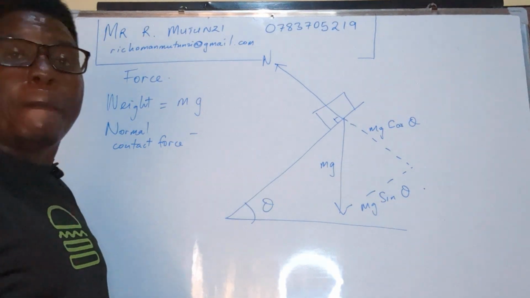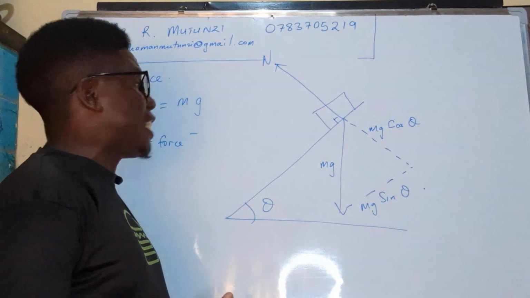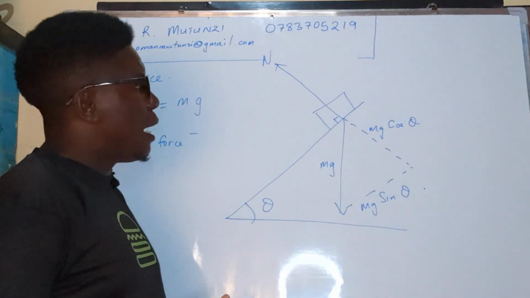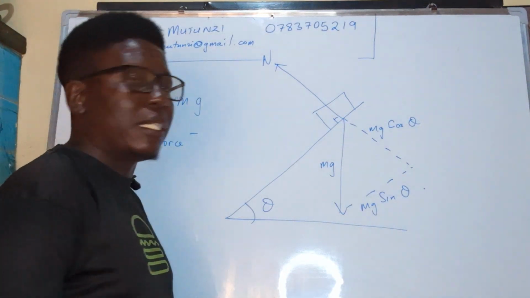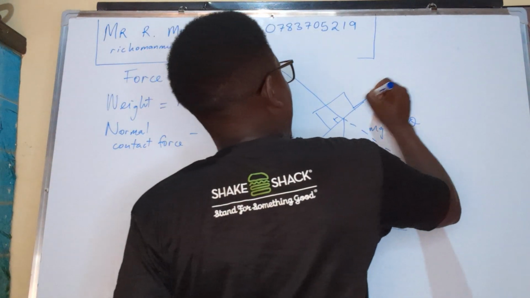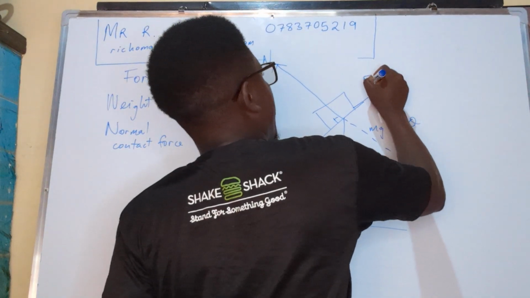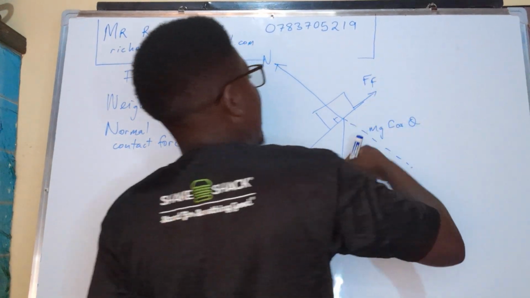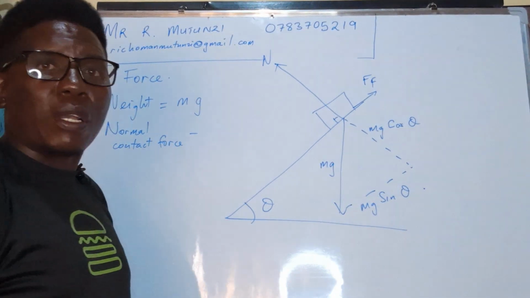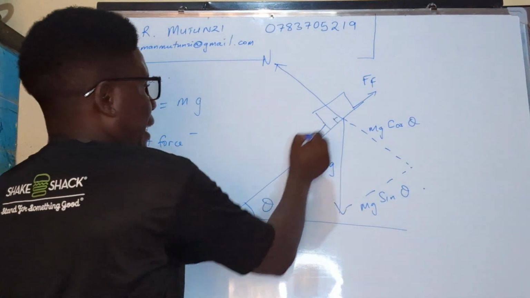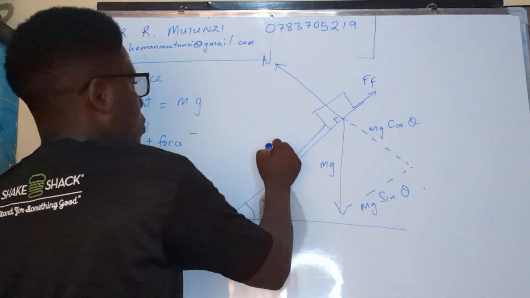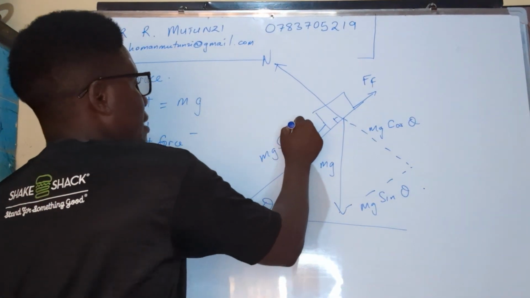So if this body is on a surface that gives friction, it follows that there is a force of friction that acts upwards. Okay, and here we have said there is a force that acts downward, which is mg sine theta.